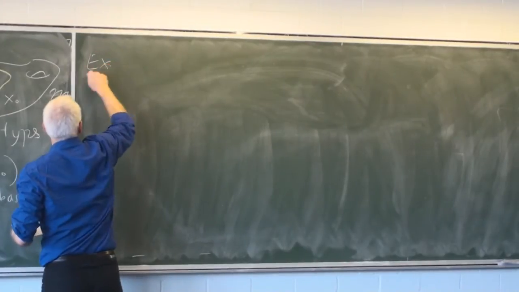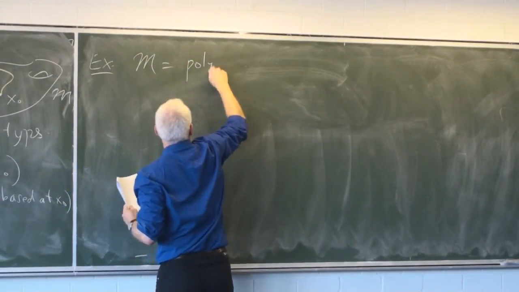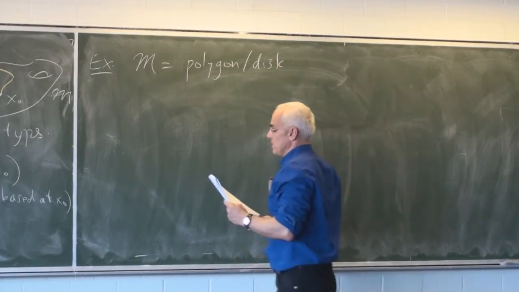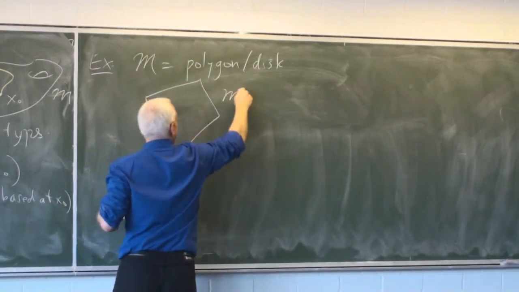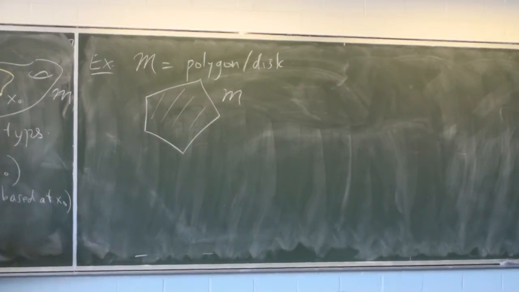All right, so example. Suppose that M happens to be a polygon, which is topologically the same as a disk. So there's M. We're talking about this. It's a surface with boundary.